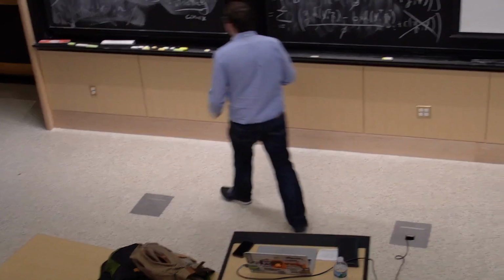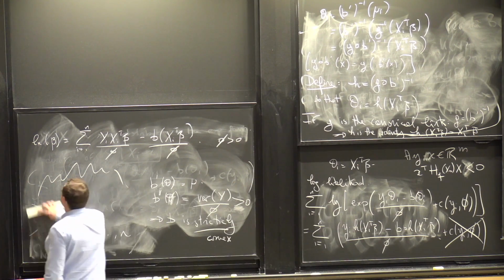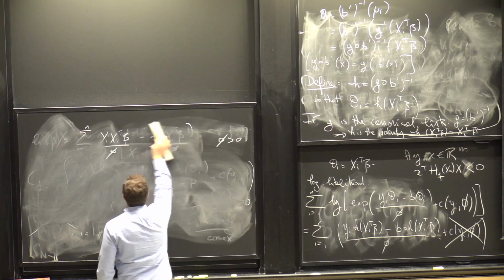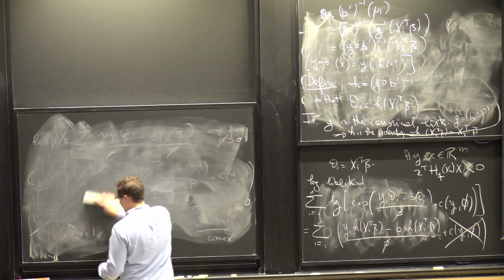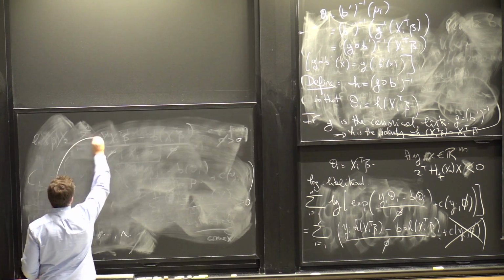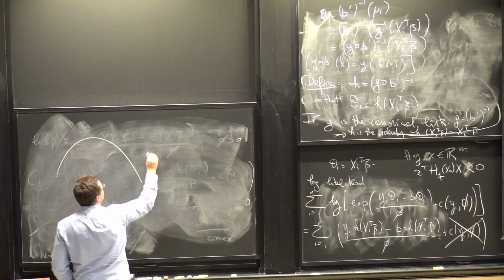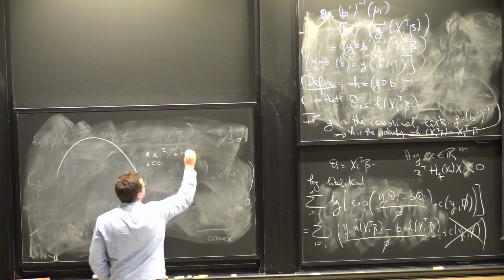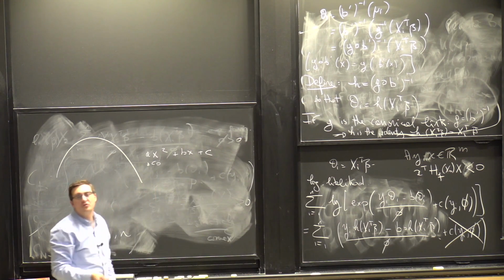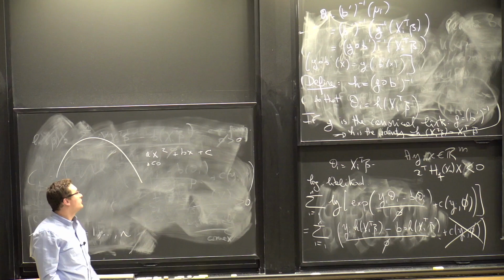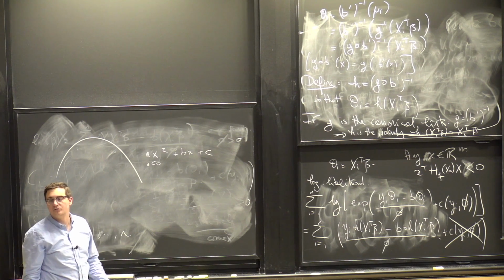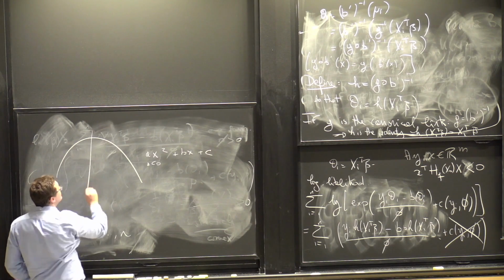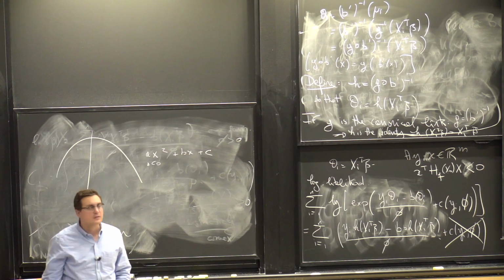So this is how it works. Okay, if I give you a function which is concave, and that's quadratic, it's going to look like this. All right, so that's of the form ax squared, where a is negative, of course, plus bx plus c. Then you can take the derivative of this guy, set it equal to 0, and you will have an exact equation for the value of x that realizes this maximum.